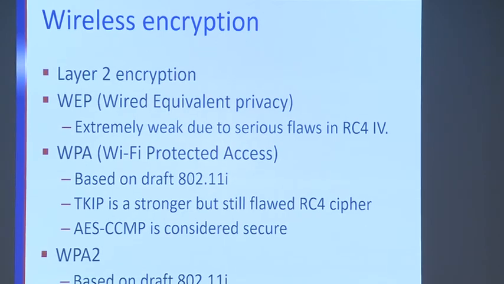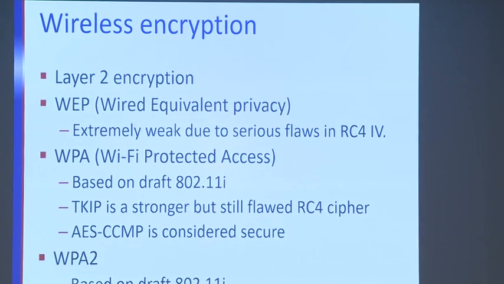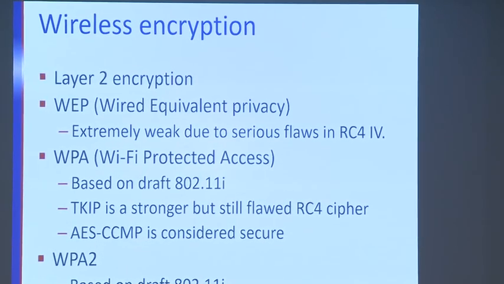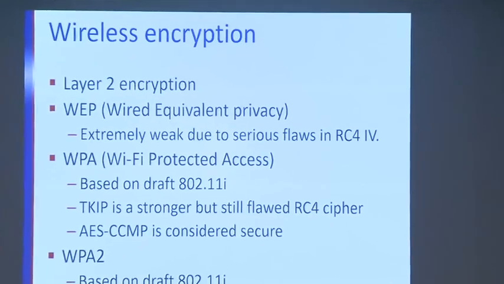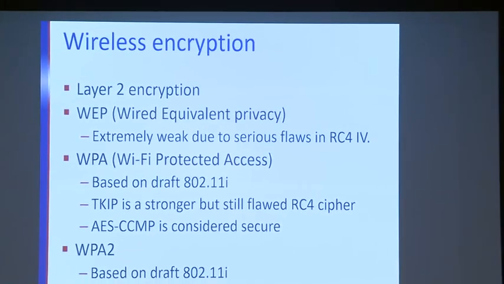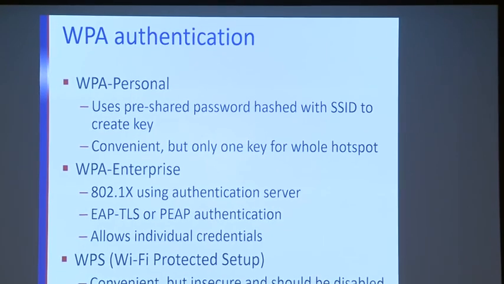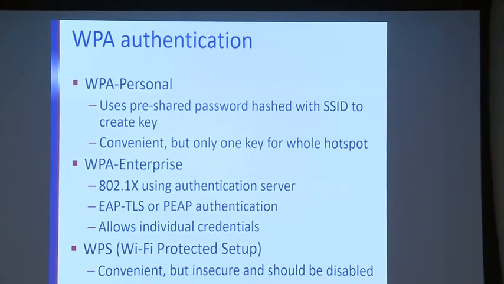The best thing you can do for wireless is to use the WPA2. Using AES is the strongest Wi-Fi encryption, and again, this is much better than any of the other protocols that are out there.